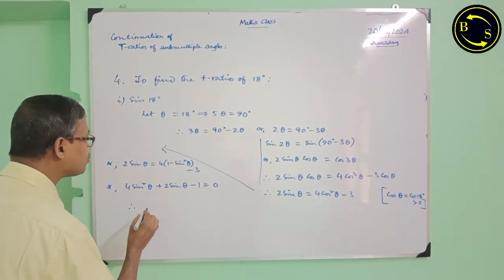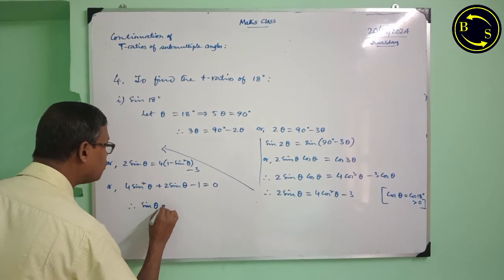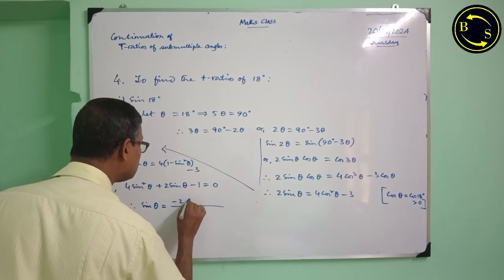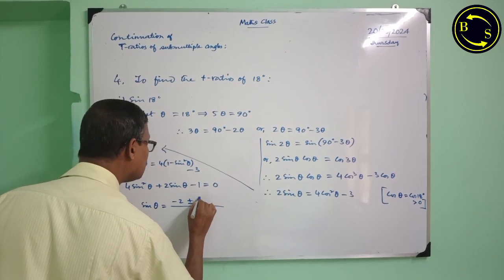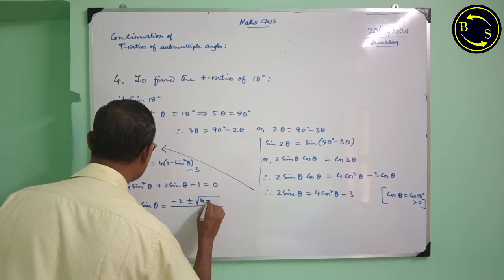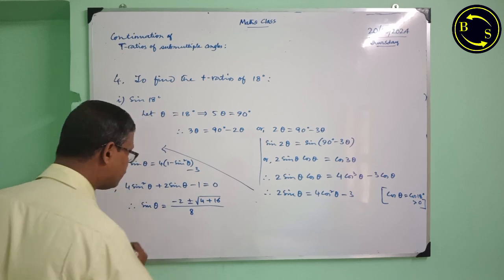Therefore, applying the quadratic formula, sine theta will be equal to minus 2 plus minus root over b square, meaning 4 plus 16, by 8.